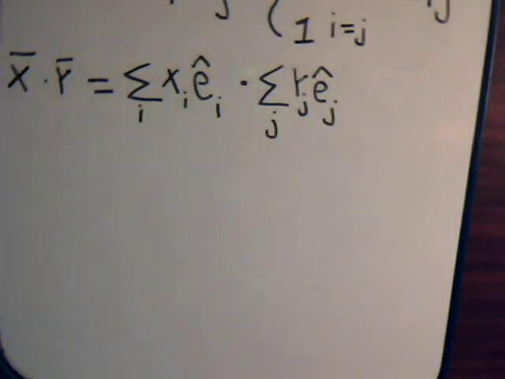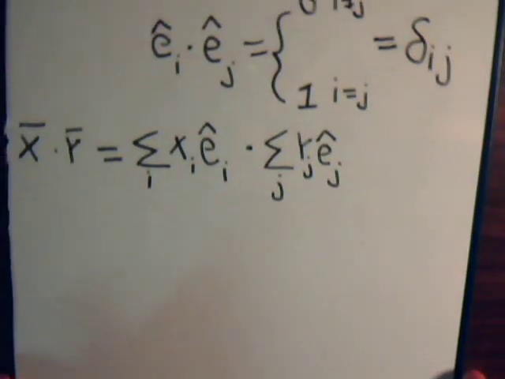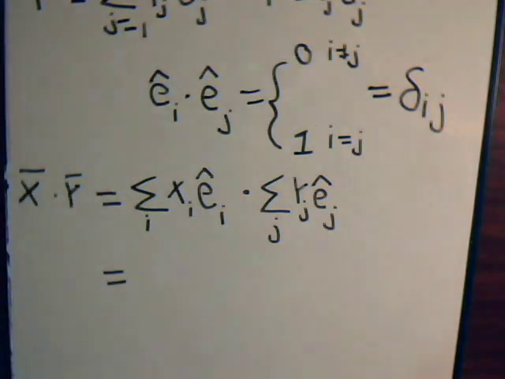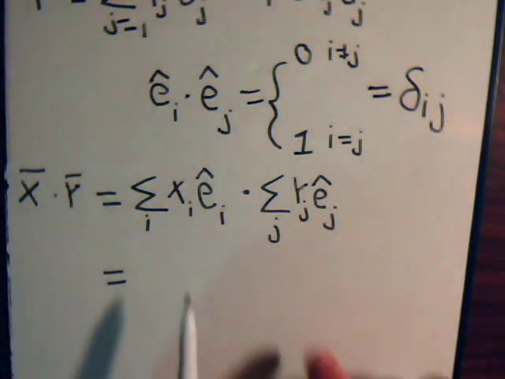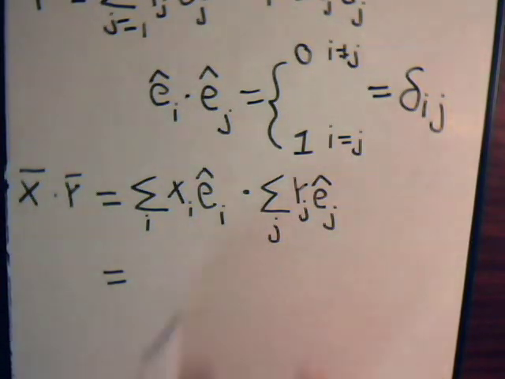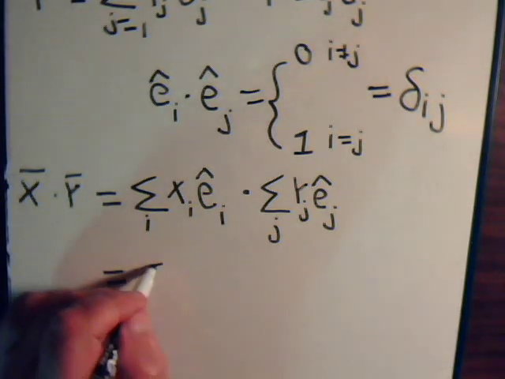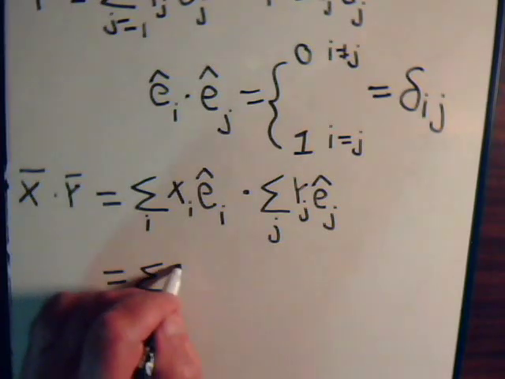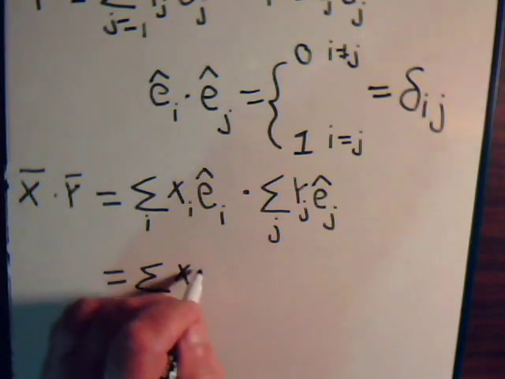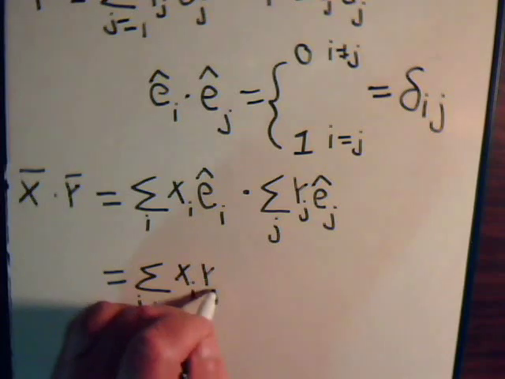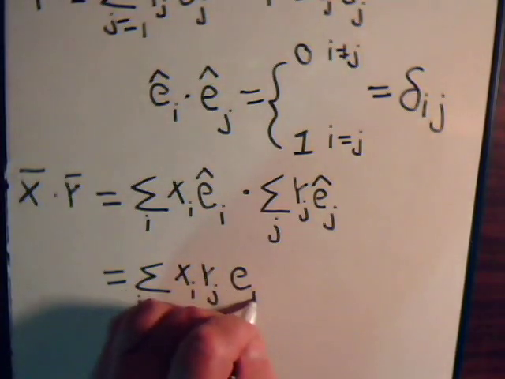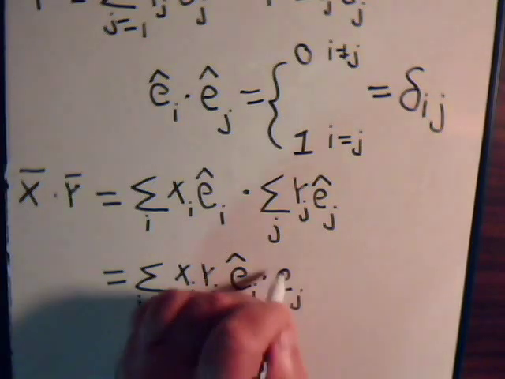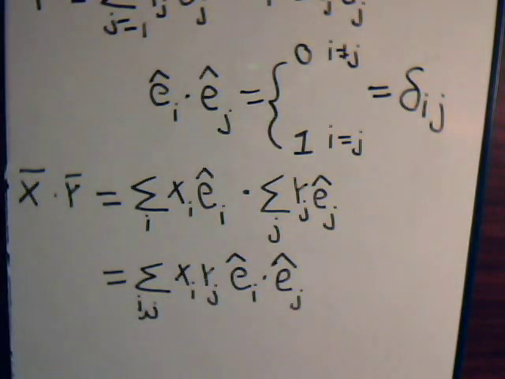And that's what we can do right here for this problem. Remember, when you're taking dot products, the scalars are distributive, so you can say it's just the sum over i, j, xi yj. Then we have ei dot ej.